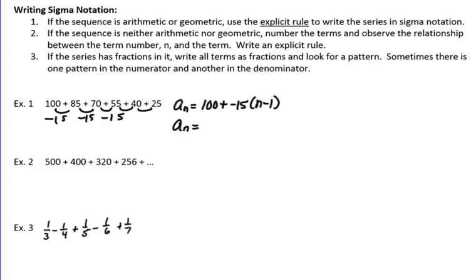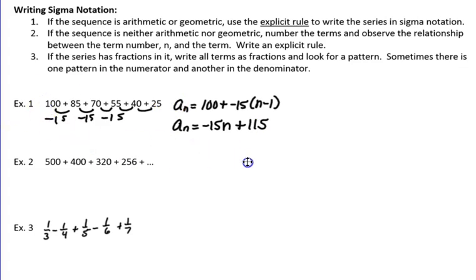This will end up being a linear rule where -15 is the slope, so I have -15 times n plus a constant. So if n is 1, I'm supposed to get 100. So I would need to add 115. So -15 times 1 is -15 plus 115 gives me 100.